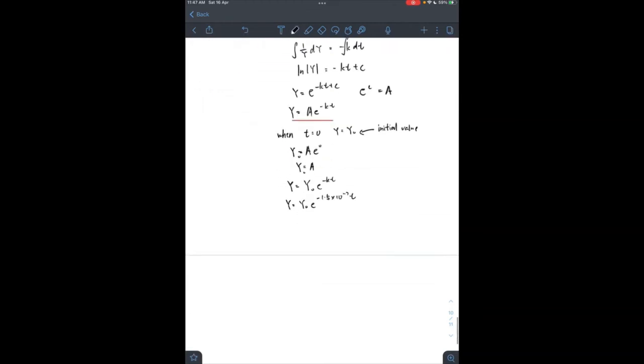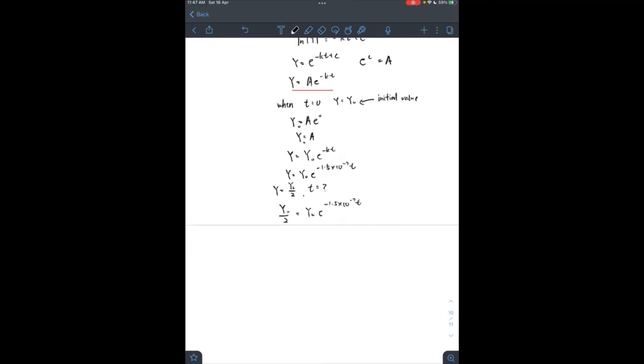So when y equals half of the initial value, y naught over 2 equals y naught e to the negative 1.5 times 10 to the power of negative 7 t.